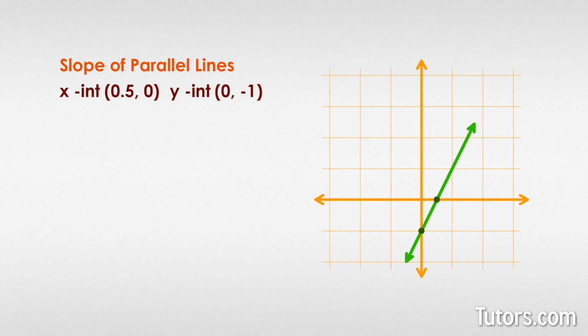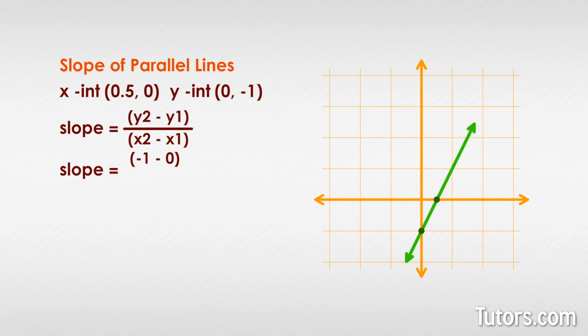So for the lower line, slope equals y2 minus y1 divided by x2 minus x1. We add in our known values and we have slope equals -1 minus 0 divided by 0 minus -0.5. Then we do the math and we end up with slope equals 2.